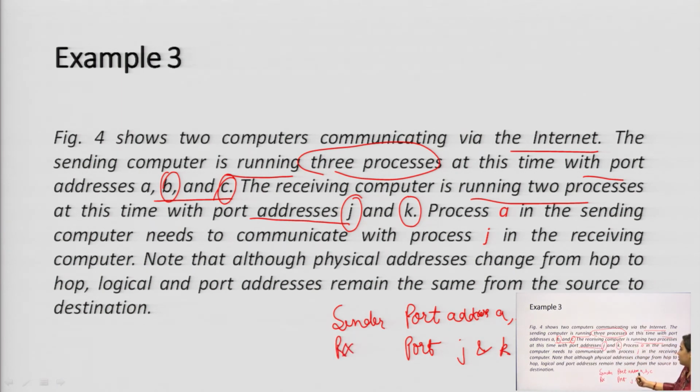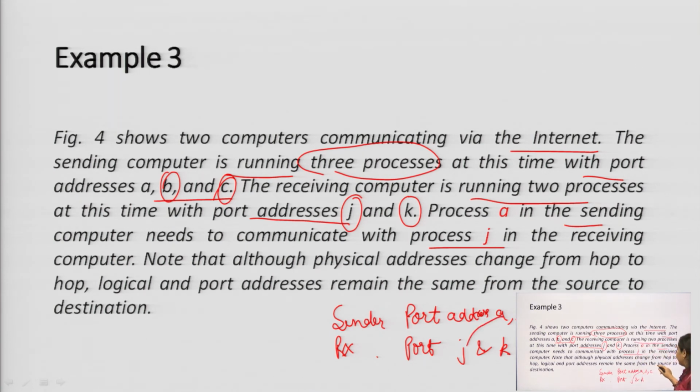So, three processes are being performed at the sender side and two processes are performed at the receiver side. Process A in the sending computer needs to communicate with the process J. So, this wants to communicate with this one.